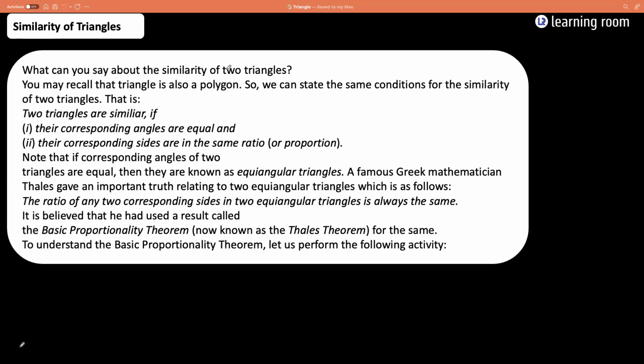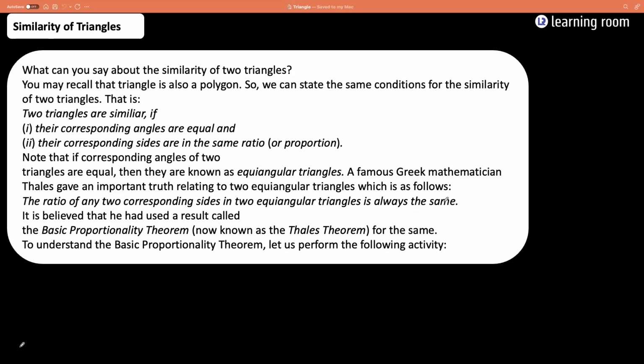To put it in simple terms, the angles of both the triangles are supposed to be the same. But what will be the value with respect to the sides? Are they going to be the same? No, they'll be in the same ratio, or we call it proportion.